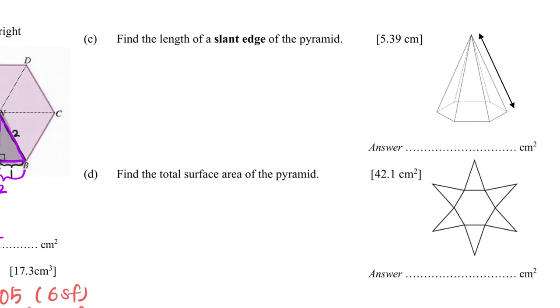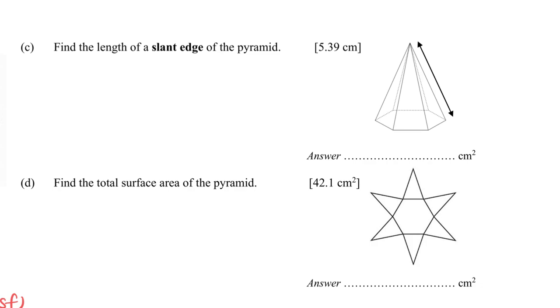Let's take a look at the pyramid then. How are we to find the slanted edge of this pyramid with the hexagonal base being drawn here? For this particular question, we are looking at this particular length here.